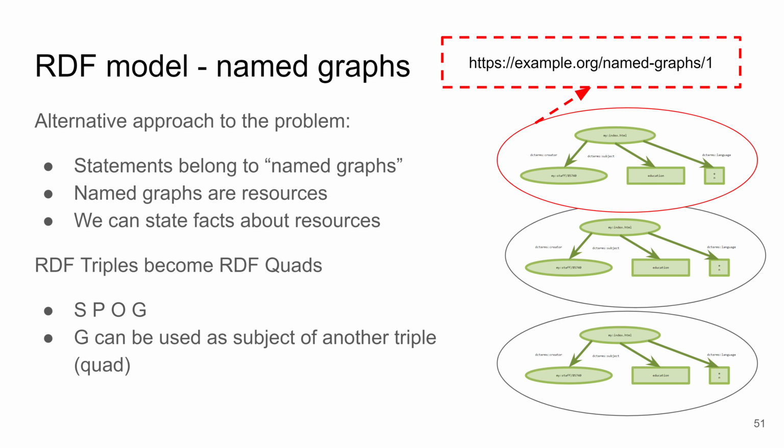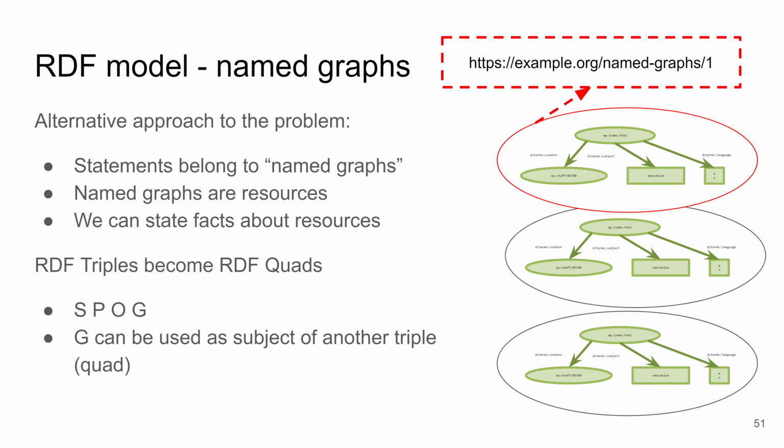So the IRI of the named graph is basically the RDF name of one RDF data model consisting of a set of triples. And we'll have multiple ones. So we'll have multiple named graphs, each will be named with an IRI and will contain the triples. When we take a look at that from the point of view of the data model, the triples become quads because we need to store the IRI of the named graph to which this triple belongs somewhere, and we will do that by extending triples into quads.